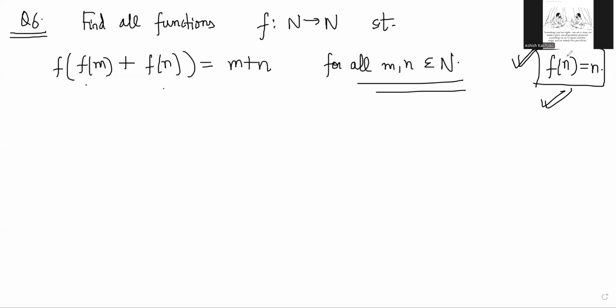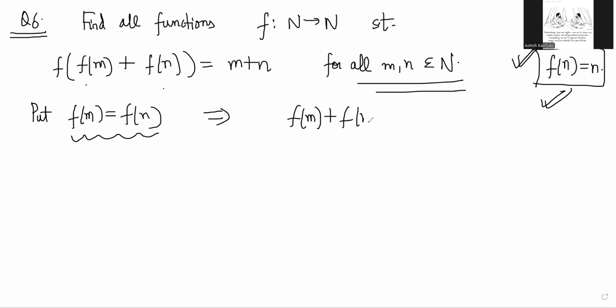So first of all, let's see from here what we can figure out about the nature of the function. If f of m is equal to f of n, then we can say that f of m plus f of n will be the same as f of n plus f of n, right?